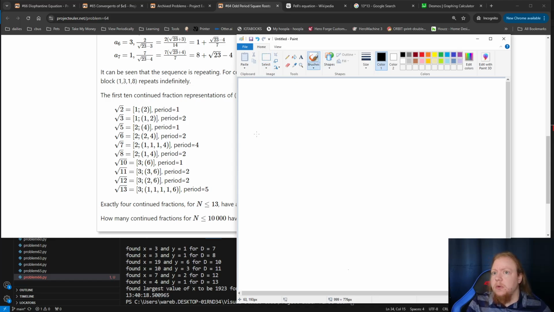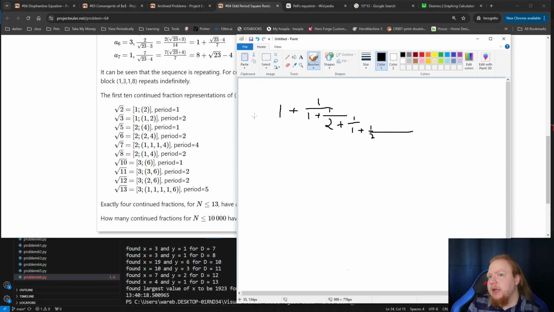So, square root of 3, just for instance, is 1 plus 1 over 1 plus 1 over 2 plus 1 over 1 plus 1 over 2, etc., and so forth. It just kind of keeps going down.